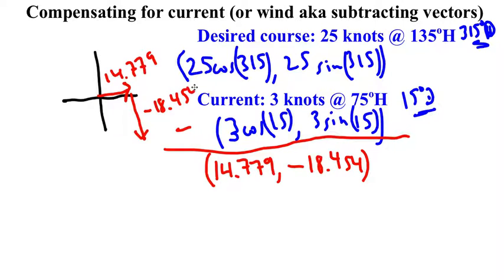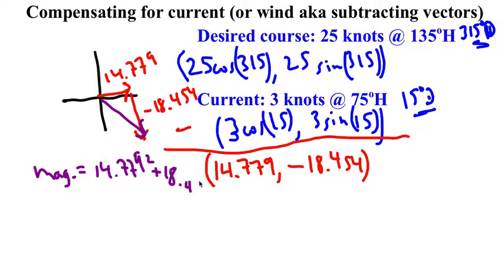That means we can use the Pythagorean theorem to figure out the magnitude, and that would mean we're going to take the whole 14.779, square it, plus the 18.454, square it, and then take the square root of the whole mess.